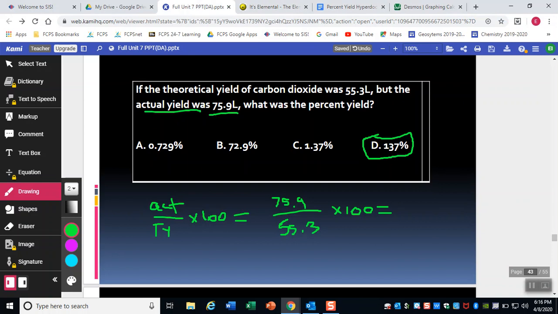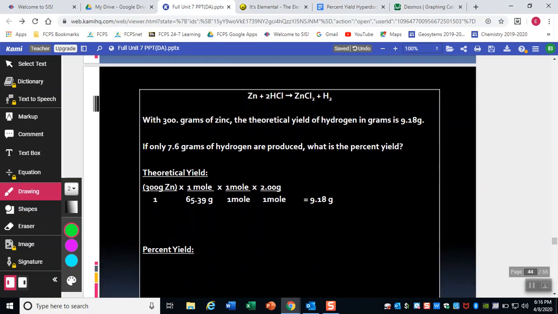All right, so if they give you the theoretical yield and the actual yield, it's just a formula, and you just substitute in. The tricky part is oftentimes you have to figure out the theoretical yield using an equation.